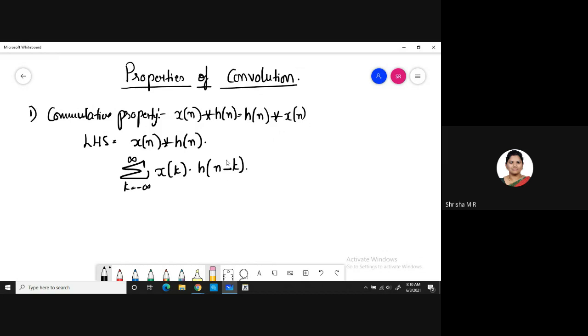Now I'll replace this n minus k with m. N minus k is equal to m. If we replace n minus k is equal to m, when k is equal to minus infinity, what is the value of m? N minus of minus infinity, what do you get?